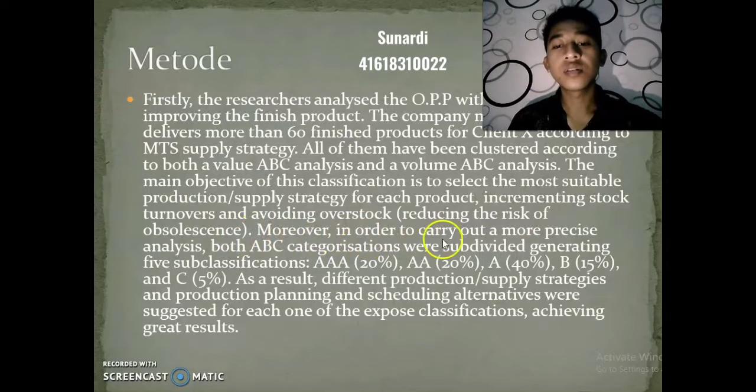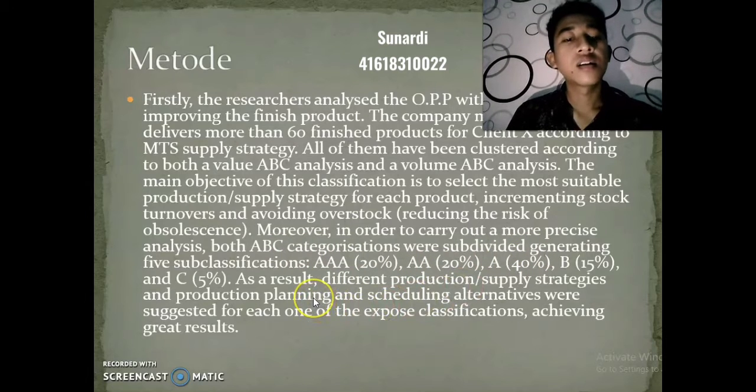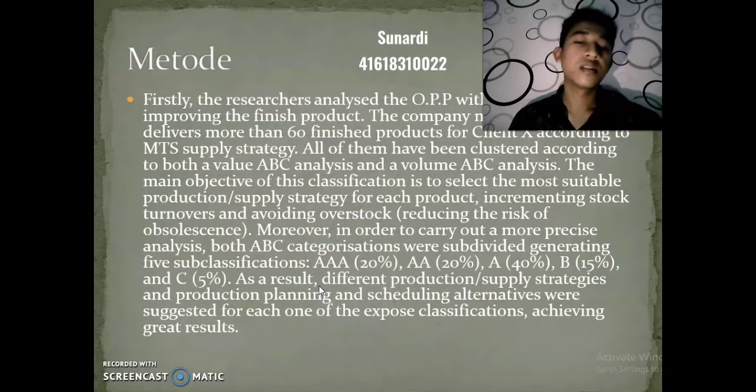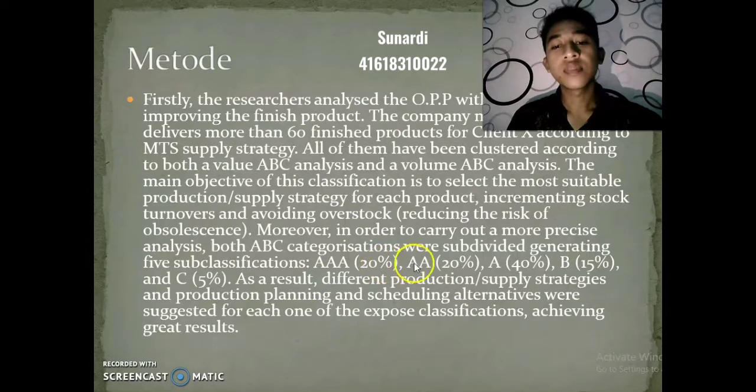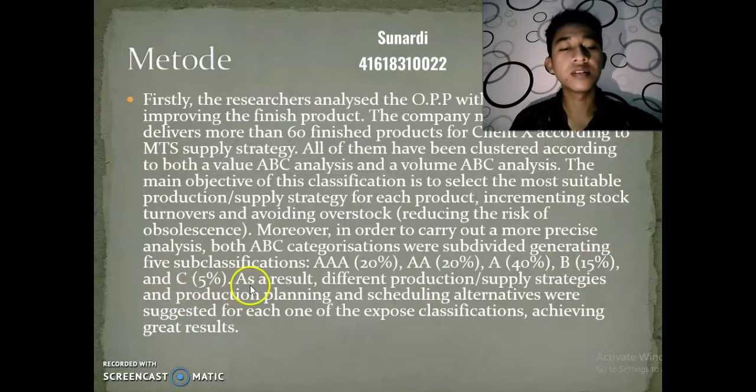Moreover, in order to carry out a more precise analysis, both ABC categorizations were subdivided, generating 5 sub-classifications: AAA 20%, AA 20%, A 40%, B 50%, and C 5%.